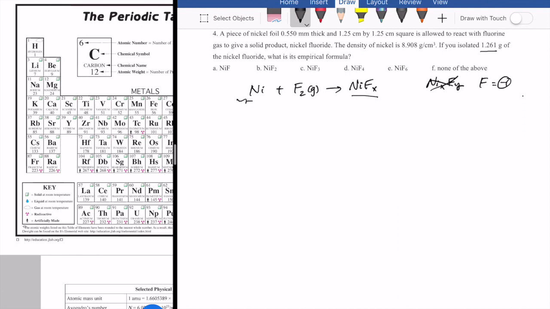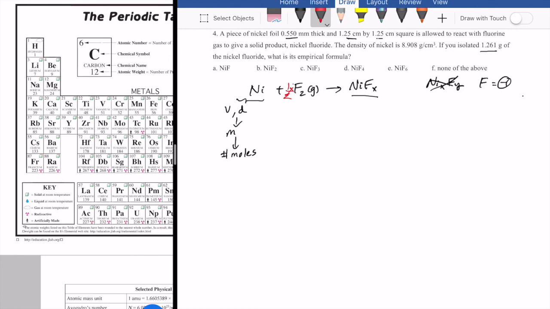The information we're given is the dimensions of the nickel. That allows you to calculate the volume of the nickel. You're also given the density of the nickel, so volume and density lead you to mass. The mass can then be converted to number of moles of the nickel. Nickel and nickel fluoride have the same stoichiometric coefficient, with the F here being a half times whatever the number happens to be. For example, if x is 3, then this would be 3 halves F2, giving us that balanced equation.